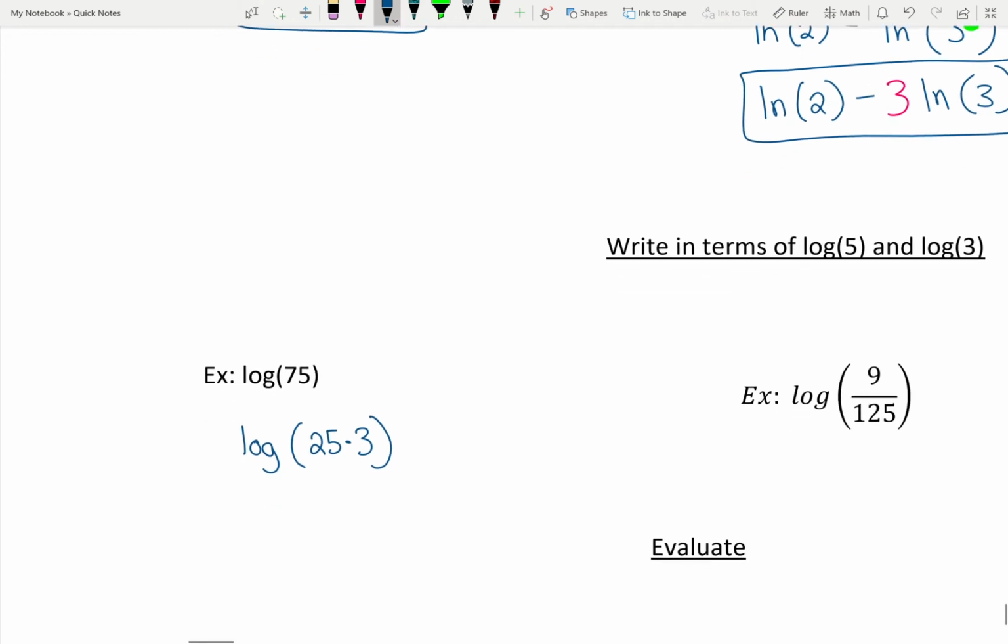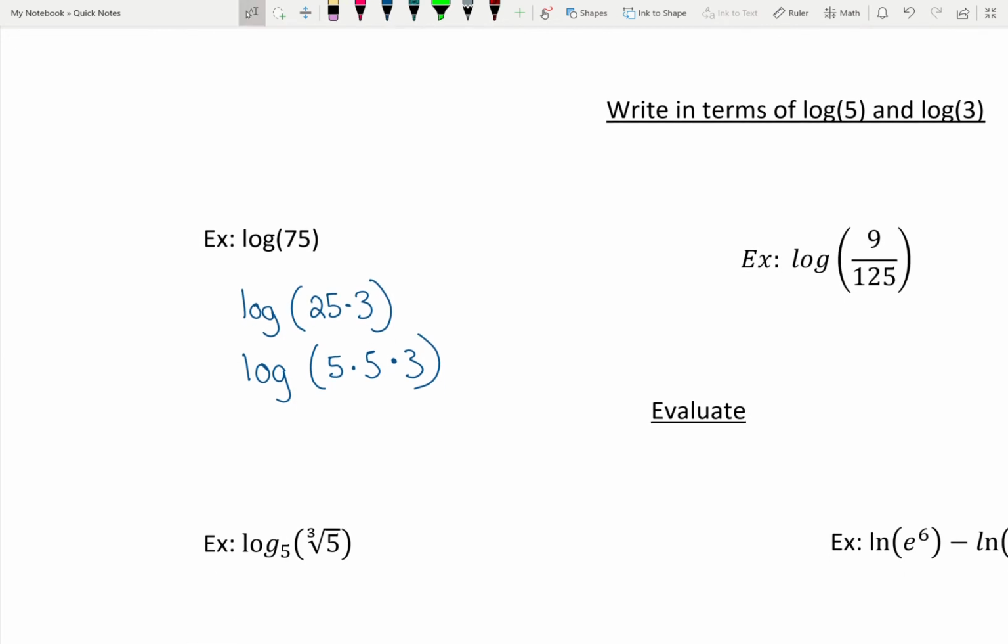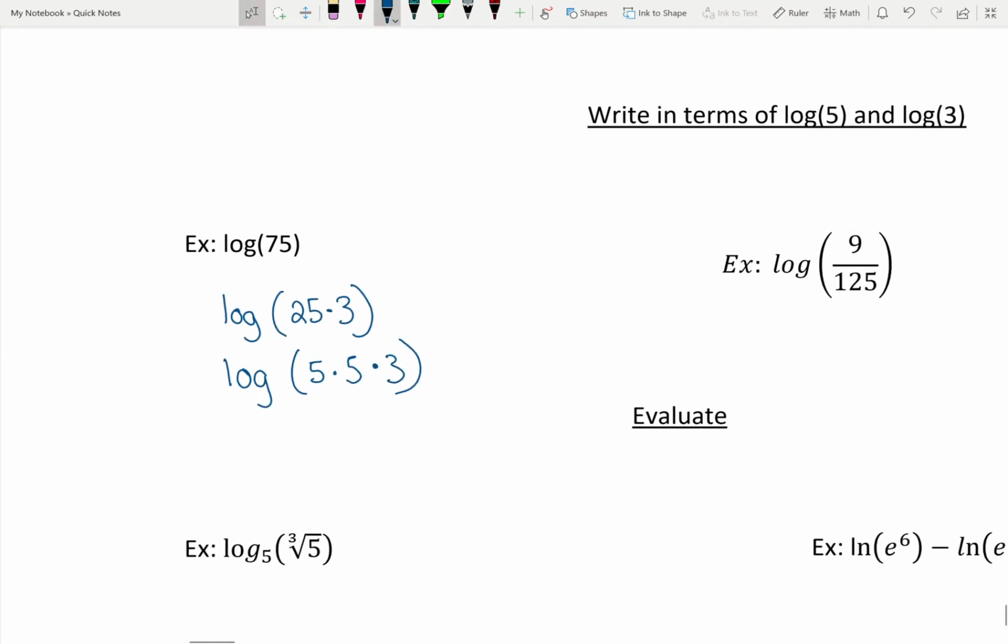But I also know that 25 is written as 5 times 5, right? So I can rewrite this whole sentence using our product rule now. That means it's the sum of each of these individual values right here.